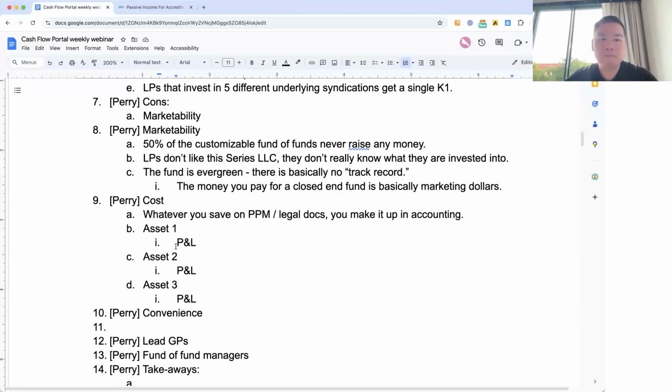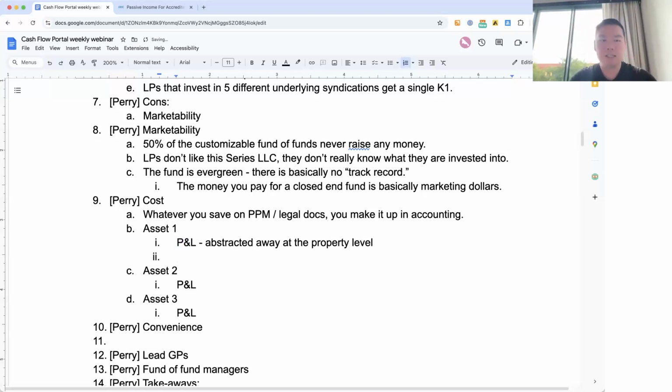Asset one may have a property-level P&L. And in fact, if the customizable fund is investing as a passive investor, asset one's P&L is actually none of that customizable fund's business. I hope that sentence makes sense, right? So technically it gets abstracted away at the property level. But here is the rub.